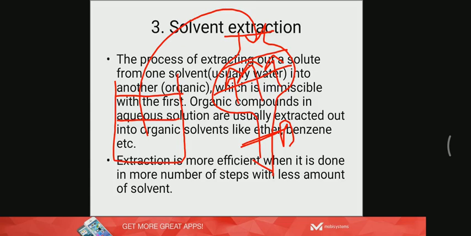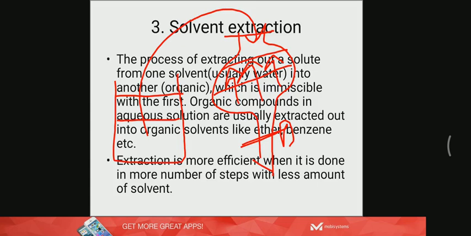You will thoroughly shake this funnel and then keep it aside for some time to settle. Then you open the tap, collect the aqueous part in one beaker and the ether layer or organic layer in another beaker. By evaporating or distilling this ether, you can get the organic compound.